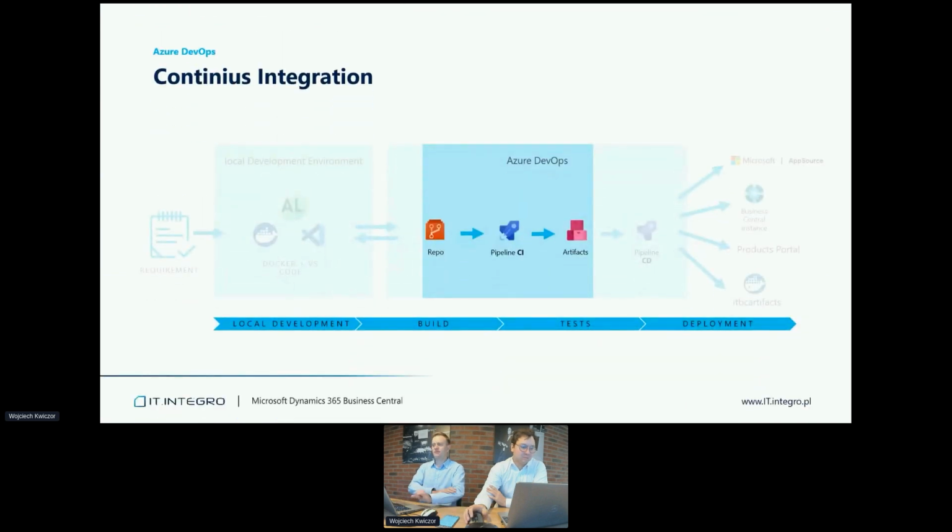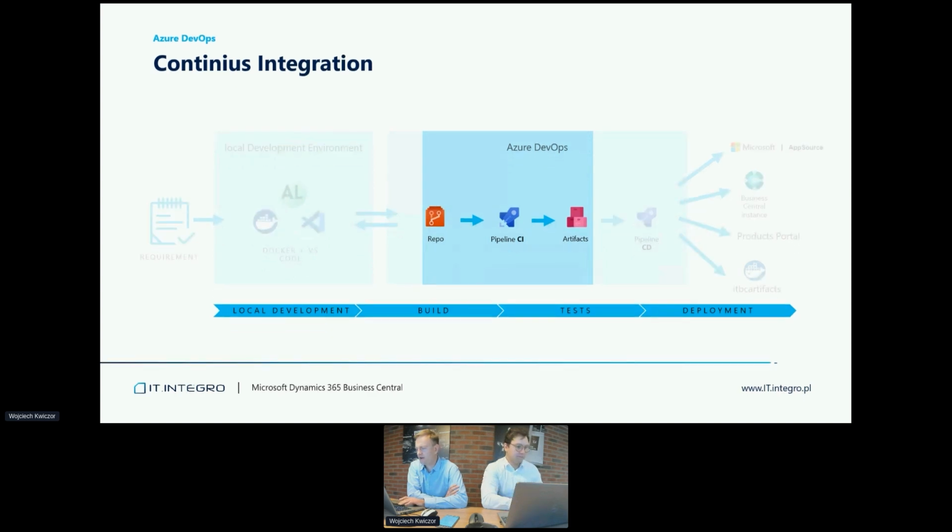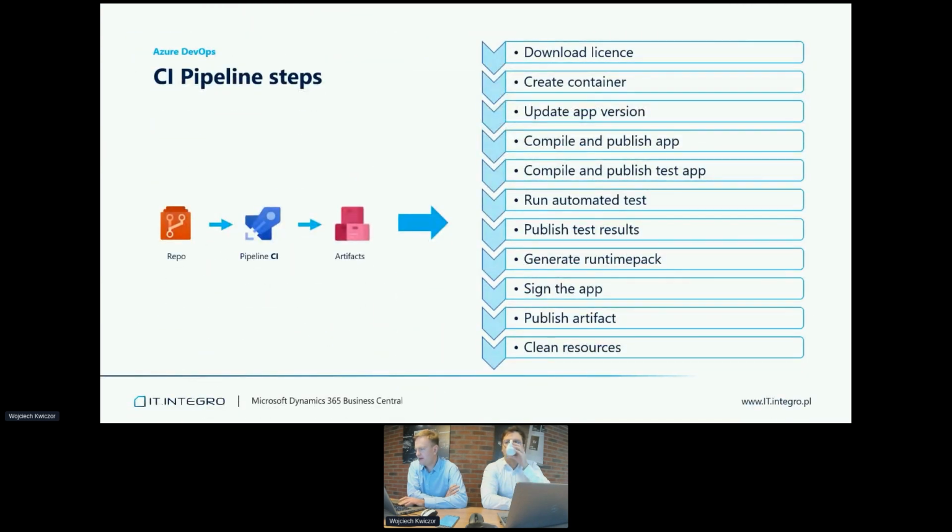So now we'll talk about the CI pipeline, which is going in the background. As I mentioned, the CI pipeline is just a YAML script which programs some steps that should be done on the virtual agent to produce the new version of the app.